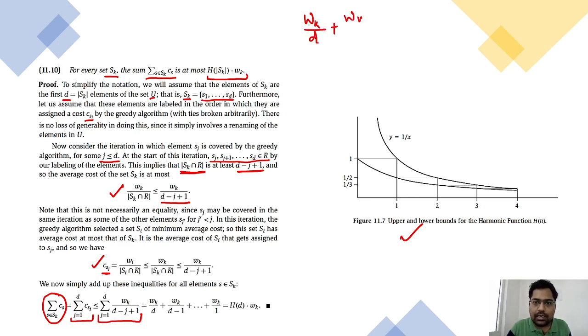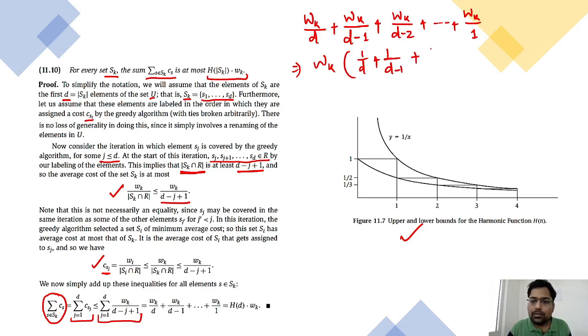I'm just writing that one again and equating here, which will give you a better idea. W of k d, minus 2, up to w of k divided by 1. Now if I take the common w of k, then it will be 1 by d plus 1 by d minus 1 plus 1 by d minus 2 plus up to 1 by 2, 1 by 1, because we are going towards 1, meaning before that 2 is there.